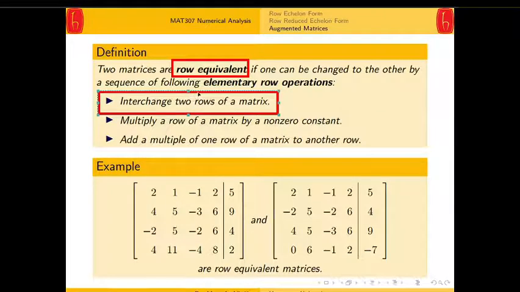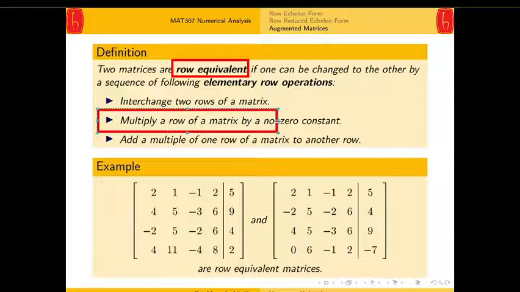Next, multiplying a row of a matrix by a non-zero constant. That means multiplying an equation by a constant, which does not change the system at all and only produces a new row equivalent matrix.